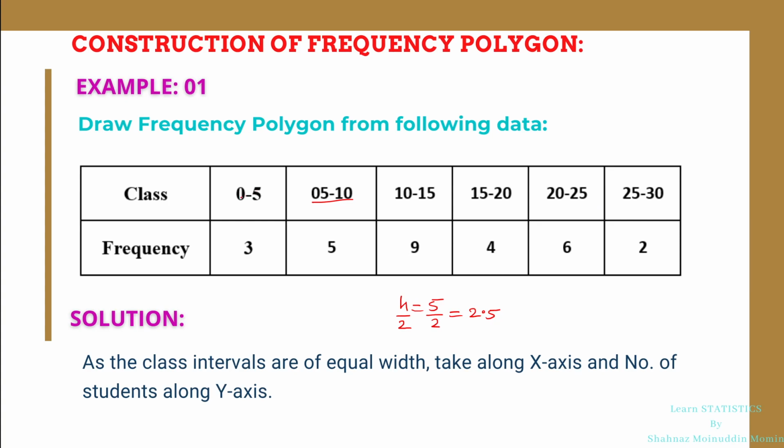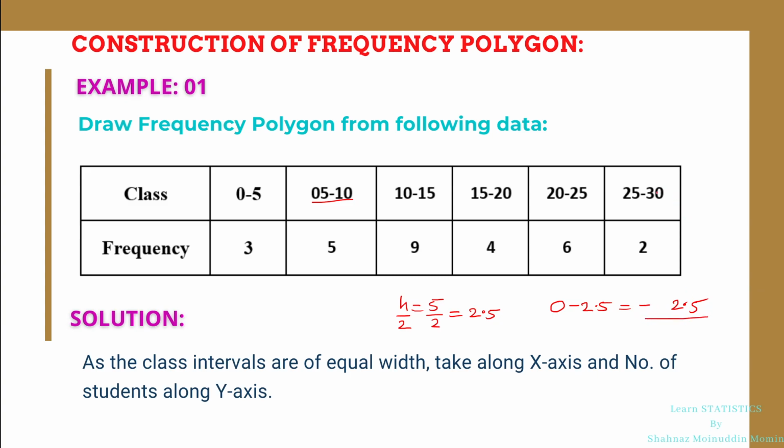That means on the left side we extend the polygon at a distance of 0 minus half of the interval, that is 0 minus 2.5. So it is minus 2.5 at the left side.